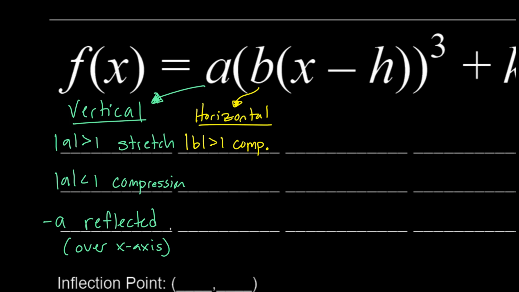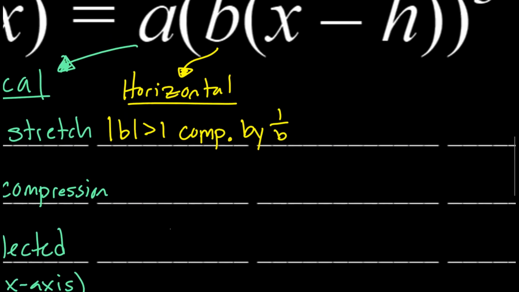We would say it's a horizontal compression by, do you know how much? 1/2. It's the reciprocal. 1/B. So for example, if we had a 3 there, you would say it's a horizontal compression by 1/3.